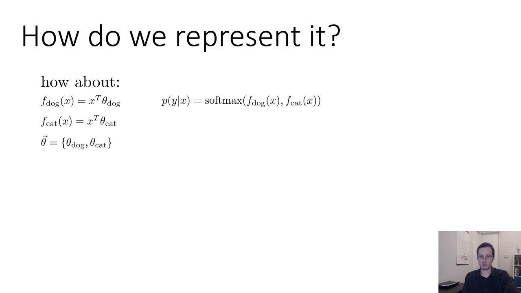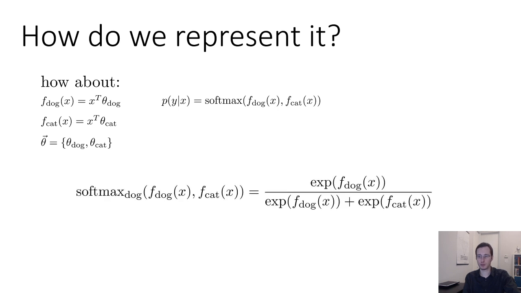So armed with these two observations, we can now define the softmax function. The softmax function takes all of its inputs and it exponentiates them, and then it divides by their sum. Now, for the dog-cat example, it's a function of two inputs and it produces two outputs. So what I have written here is the first output, the dog output.